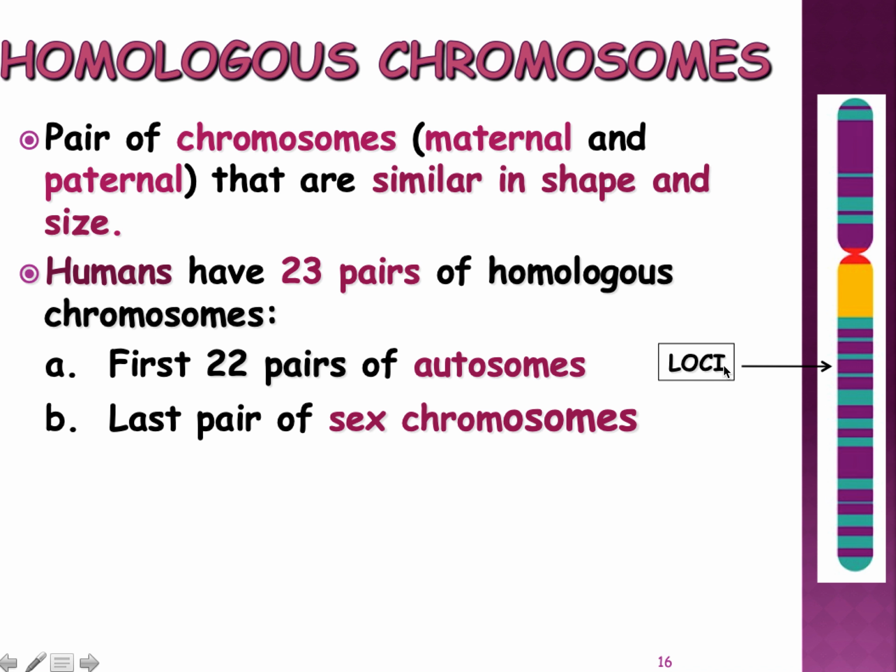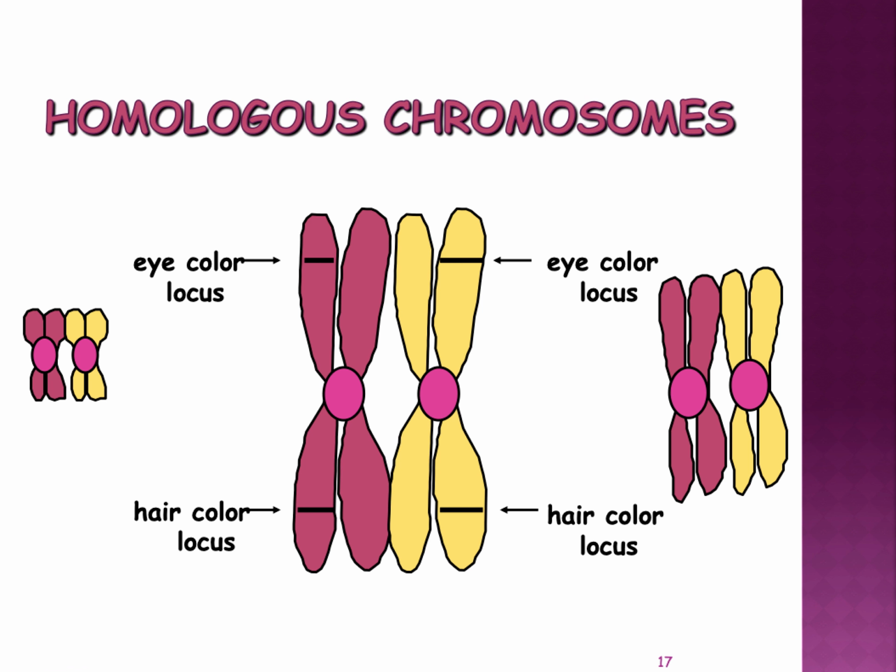The loci, or locus, is just an area of DNA that might match up with another on the homologous chromosomes. Like what I mentioned earlier, in this tetrad, say the pink is mom and the yellow is dad.